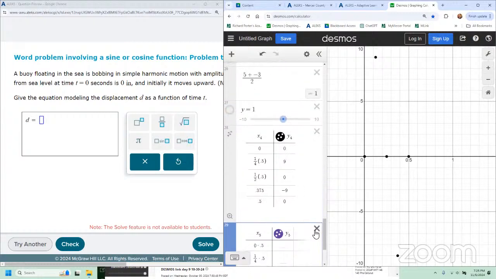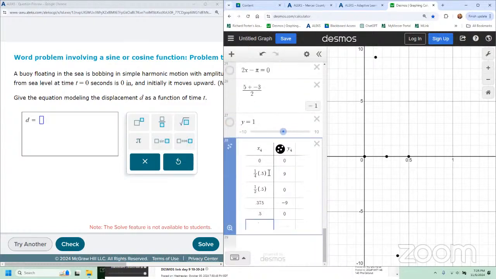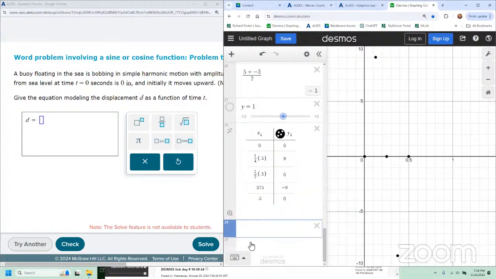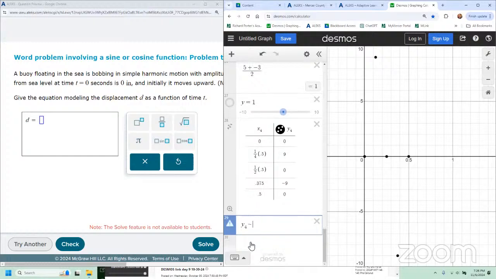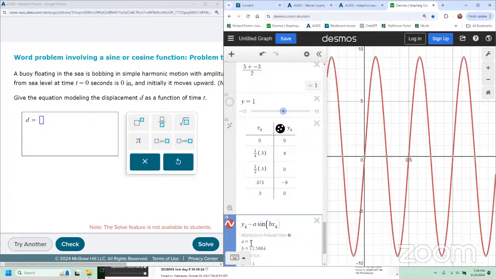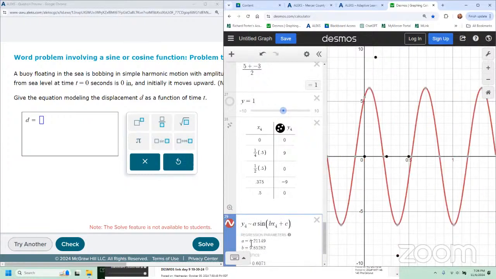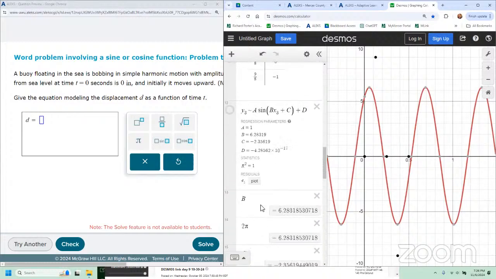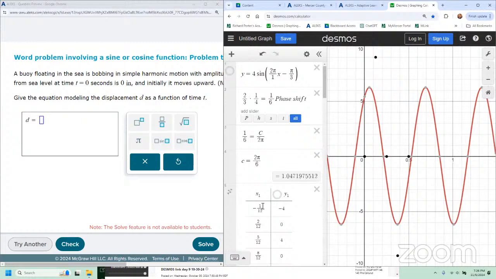All right, so now that I have the 5 data points, I can do what I did before. I can do y, in this case y4, tilde, obviously a sine, b x4 plus c plus d. I must have used the little b before, somewhere up here.